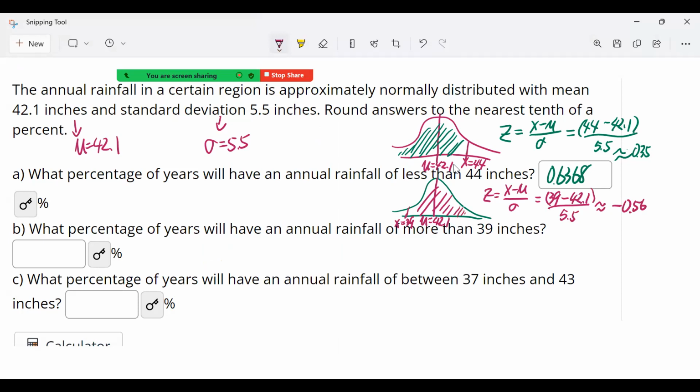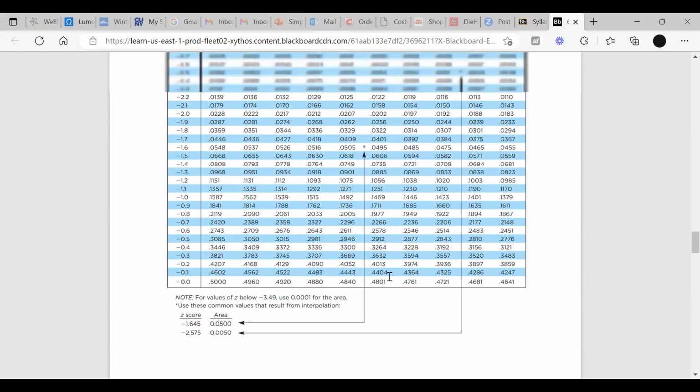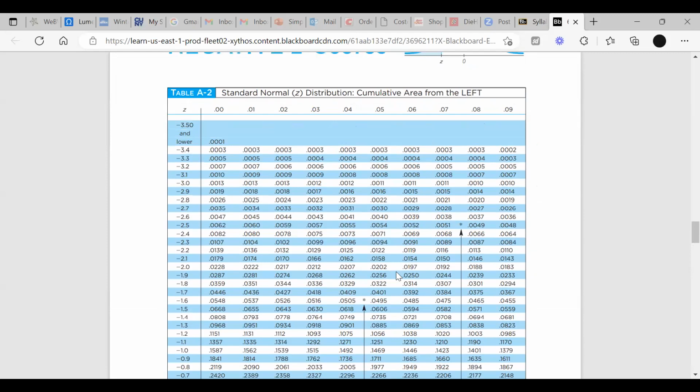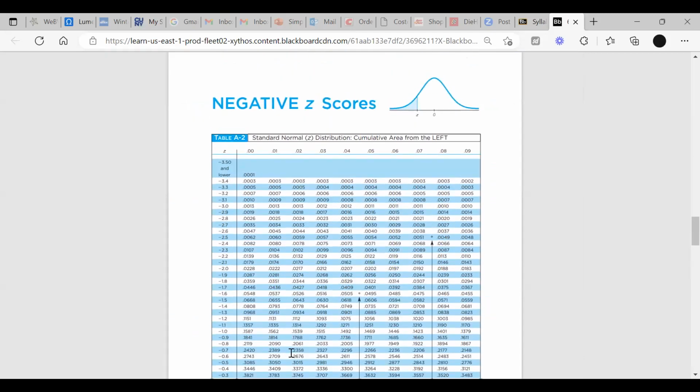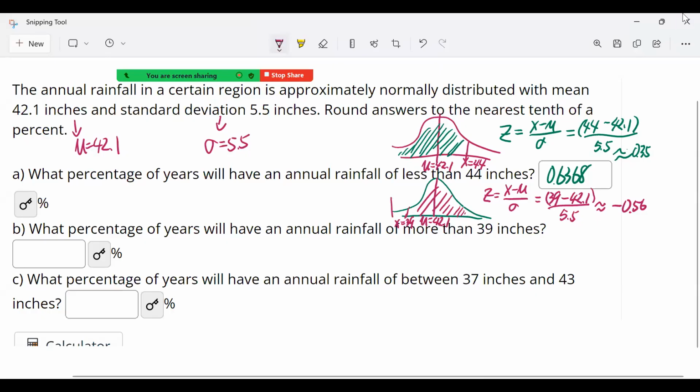First we look for the area to the left, and then use the total area, 1, minus the area to the left. For negative 0.56, you're going to see 0.2877, which is the area to the left. Since we want the area to the right, we use 1 minus 0.2877, which gives 0.7123.